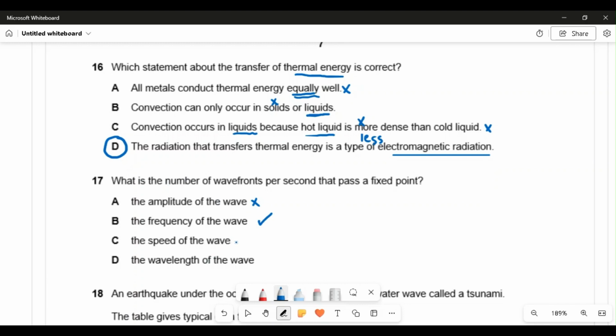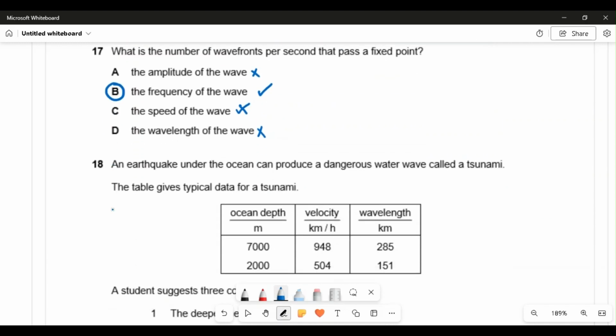Speed is frequency times the wavelength, or you can also say that speed is distance divided by time, or wavelength divided by the period. So the period is the time taken for one wavelength, one wavefront to pass through. So option B is our chosen.